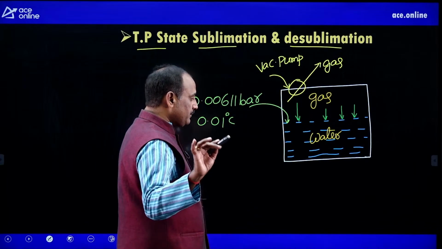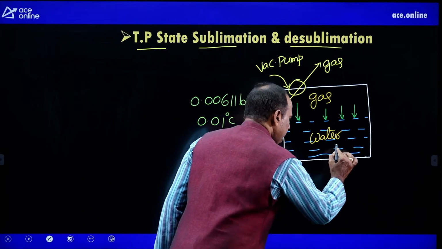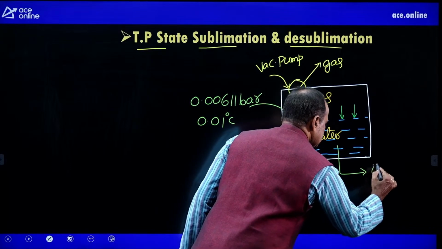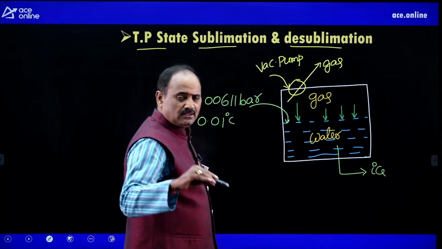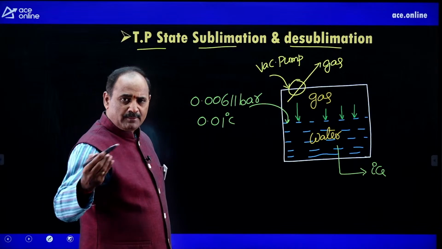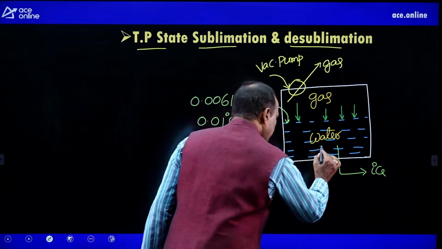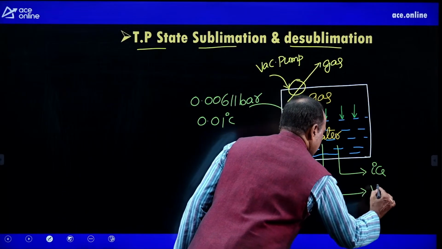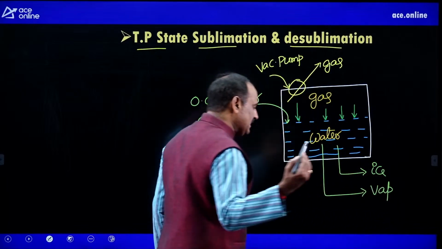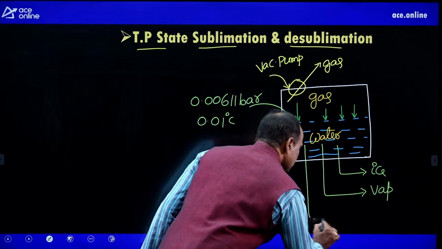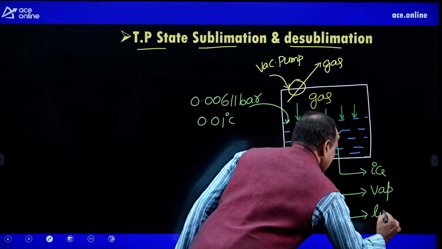At that particular pressure, a part of the water is becoming ice. That means a part of the water is becoming solid. A part of the water is available as vapor. Remaining water is available in liquid state.